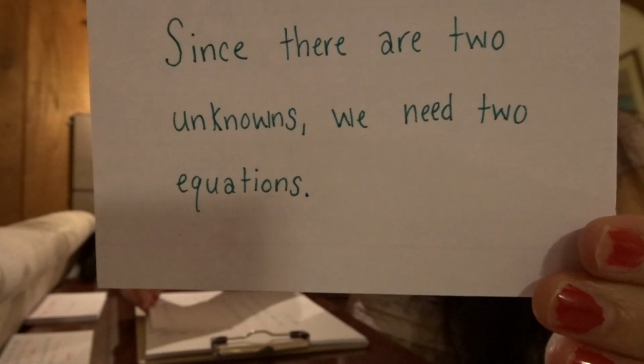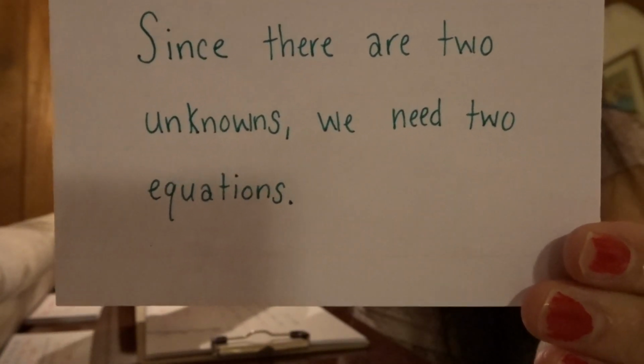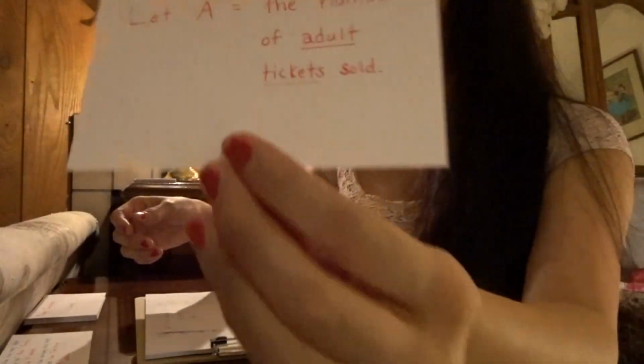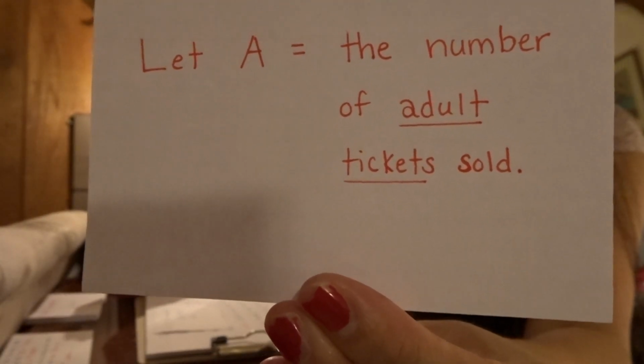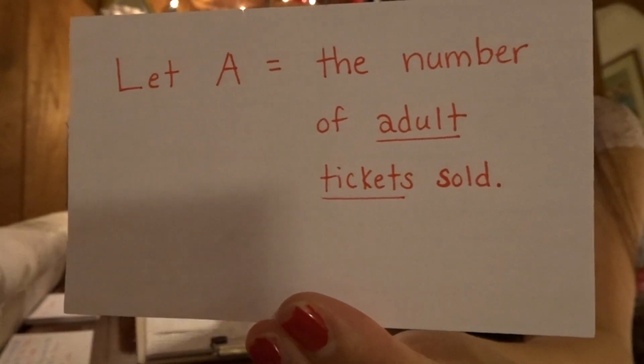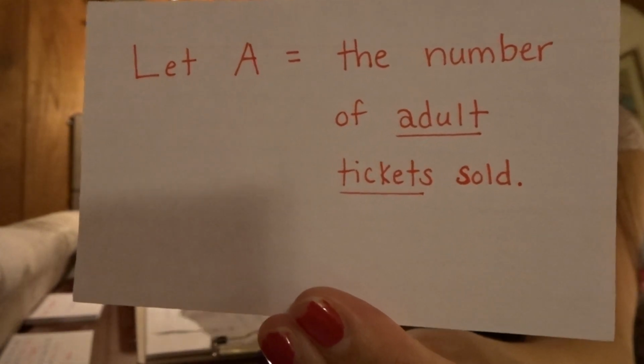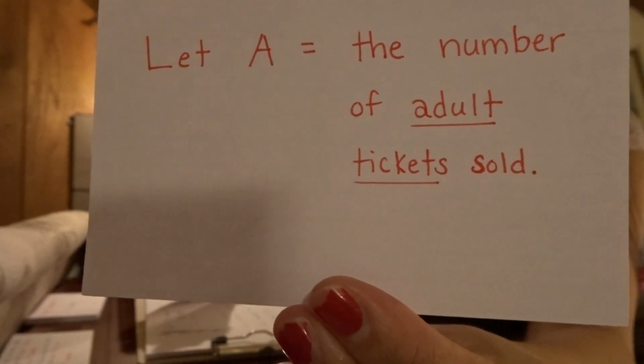And let's go ahead and define the variables. We don't know how many adult tickets were sold, so therefore let A equal the number of adult tickets sold.